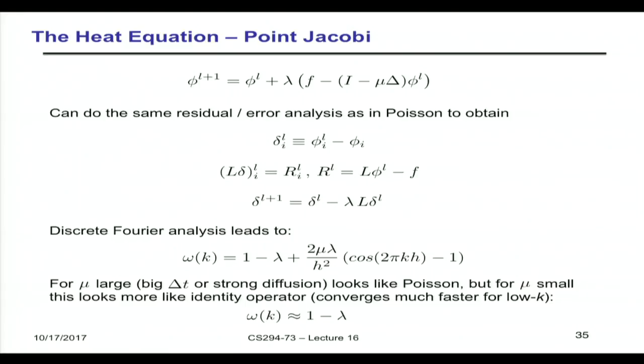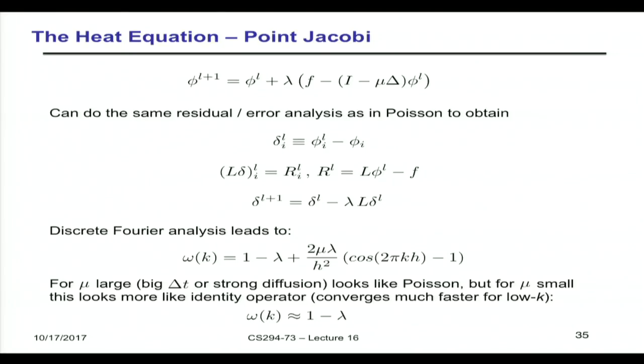And for mu small, this guy starts going away, and it looks more like identity minus whatever my relaxation parameter is. So if mu is 0, then I'm just solving phi is equal to f. I can make lambda 1, and I get there in one iteration. I just solve the identity, divide by the diagonal, and I'm done. So this converges much differently than Poisson does.